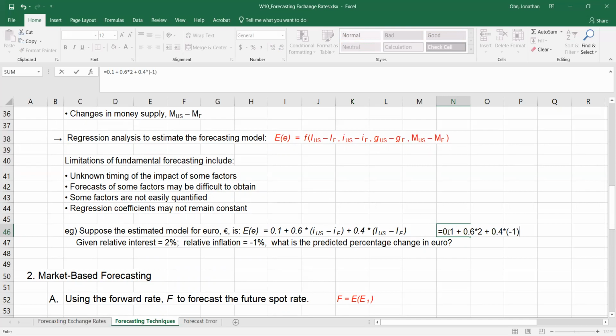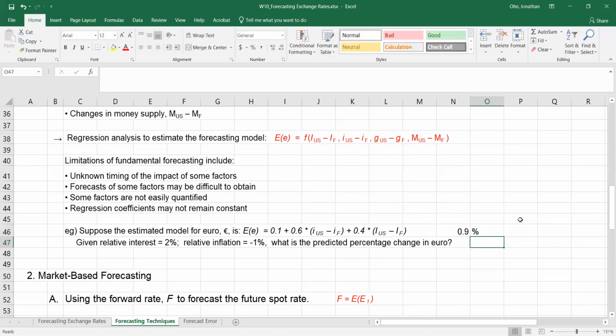We have 0.9. Is it 0.9? Yeah, 0.9%. That is the expected percentage change in the euro. So that's 0.9%, right?